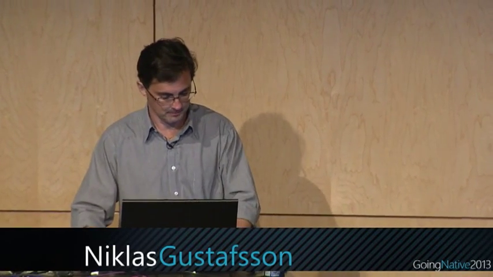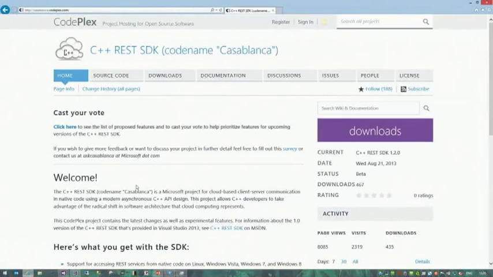So I'm going to talk about something that's kind of unusual. I think that most of you don't put Microsoft and open source software in the same sentence a lot, but Casablanca, or the C++ REST SDK, is exactly that. Let me just start by going to Codeplex, which is a Microsoft site for open source projects, and this is where Casablanca lives.